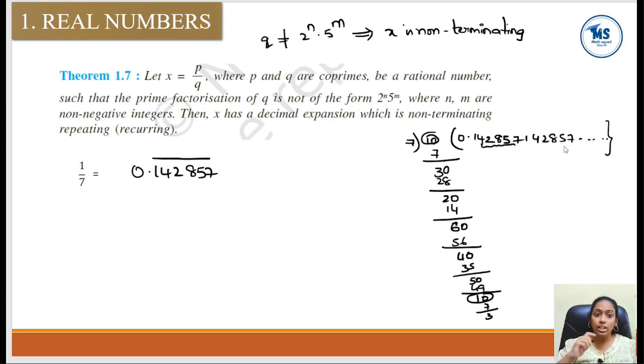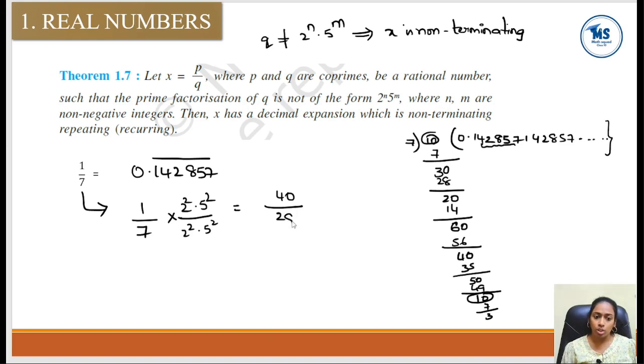So what we understood: for a rational number p by q, the denominator is 7. Let's try to write this with the denominator in the form of 2 power n and 5 power m. Suppose I multiply and divide with 2 square into 5 square, then 5 10s are 40, 7 4s are 280, or here I will have 2 square into 5 square. 2 square into 5 square is okay, but 7, I don't want this extra number.